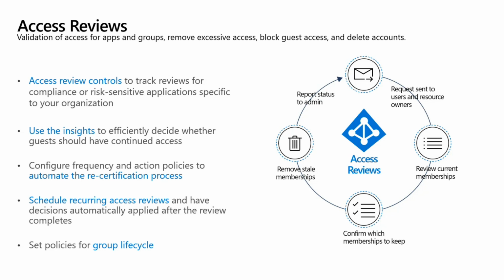In this process, a reviewer, who's typically a line of business owner for those privileges, is going to review the users that are assigned and then decide to either approve or deny the access going forward. And you can set the privileges up to be automatically removed if those users are denied in the process.